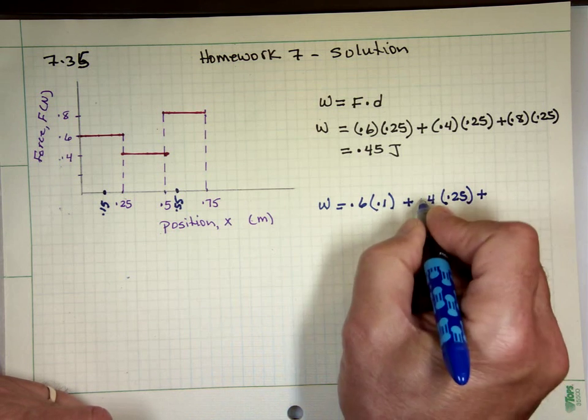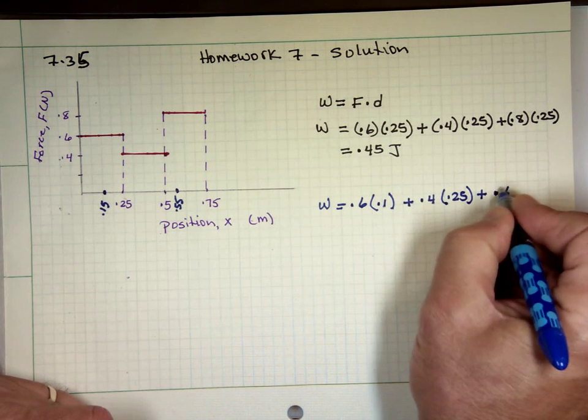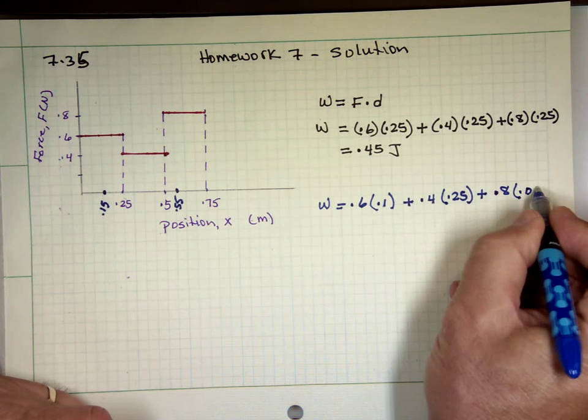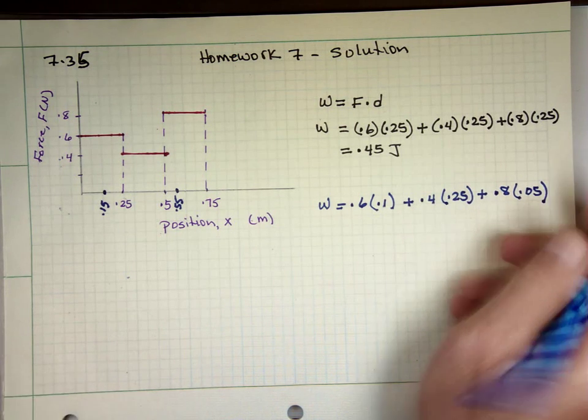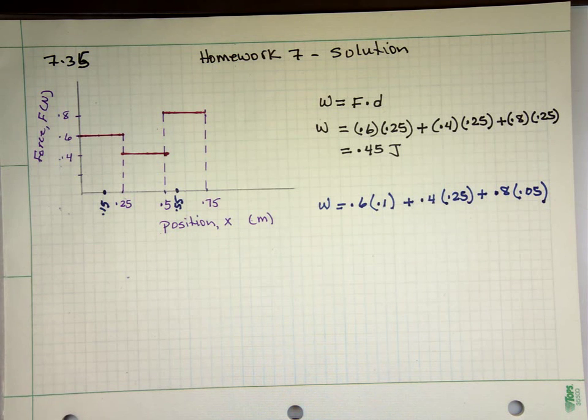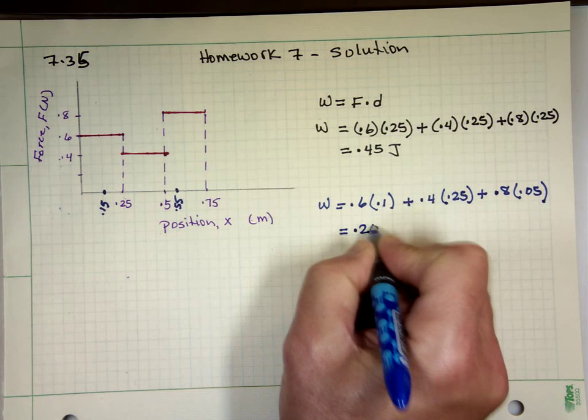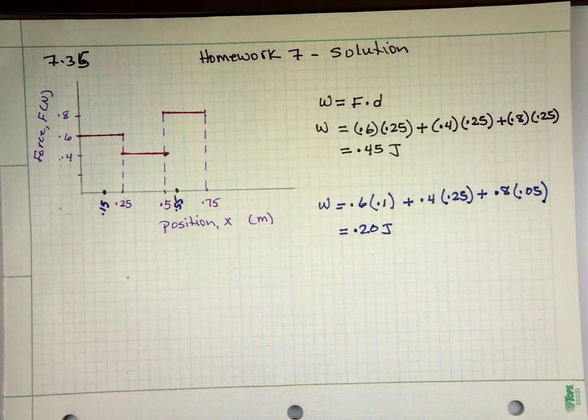And the last piece is going to be what? 0.8 times the distance from here to there, which is 0.05. And that's 0.2 joules. If they want two significant digits, 0.20.